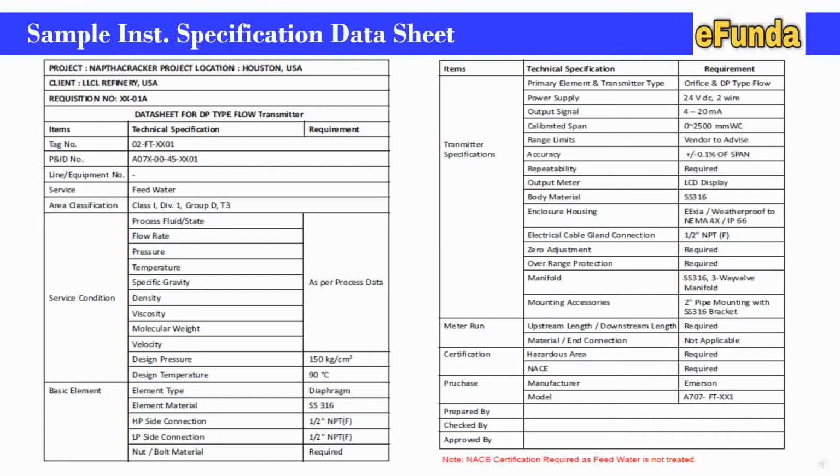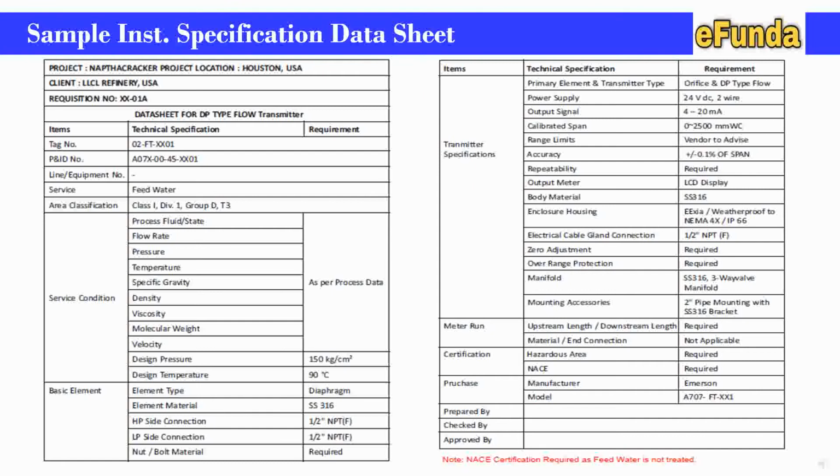Moving on to the actual transmitter specifications, where primary element and transmitter type, power supply requirement, output signal, calibrated span, range, accuracy, repeatability, output meter, body material, enclosure housing, electrical cable gland connection, zero adjustment, over range protection, manifold, mounting accessories. These are the specifications related to the transmitter and their requirements given in the requirement column as well.